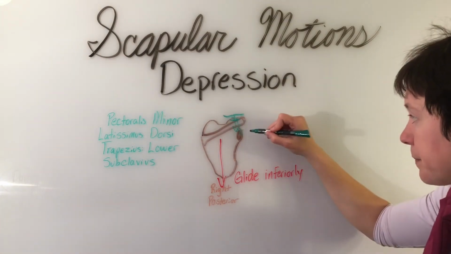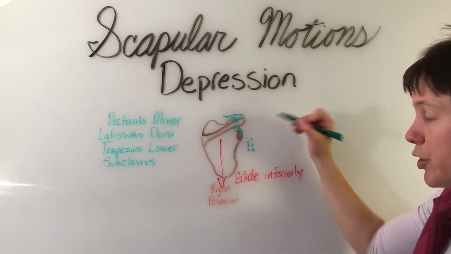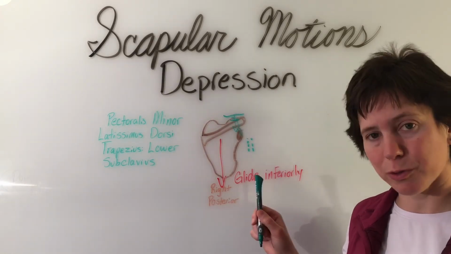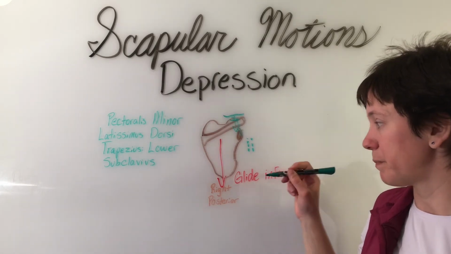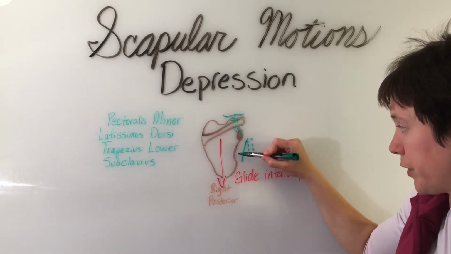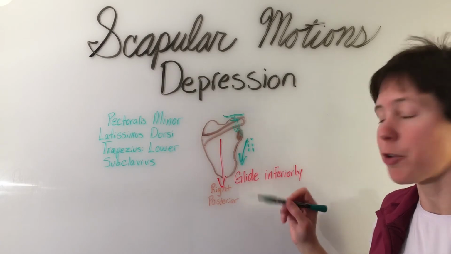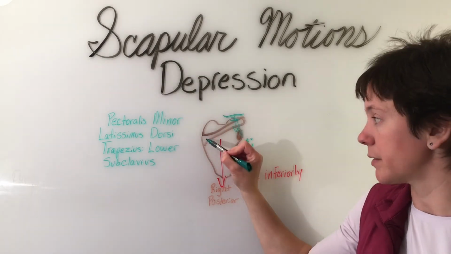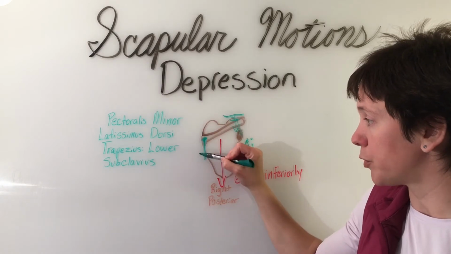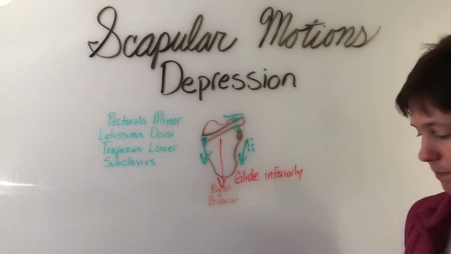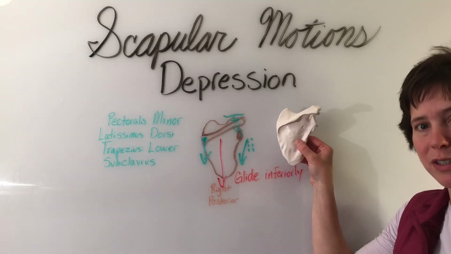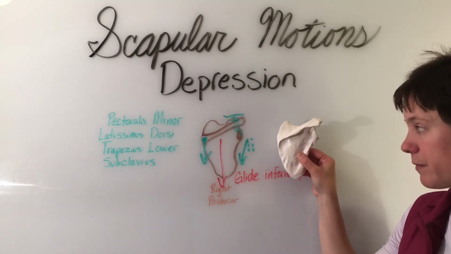Latissimus dorsi is on the anterior side of the humerus, on the bicipital groove or intertubercular sulcus, and it'll help pull in a downward direction. And the lower trapezius attaches at the triangle of the base of the spine and will pull in an inferior direction. These muscles help with scapular depression with the inferior glide.